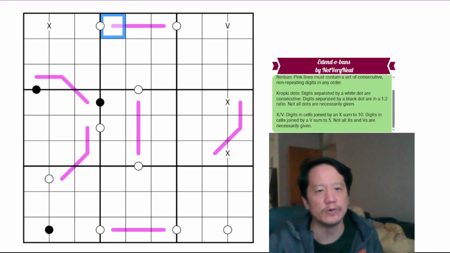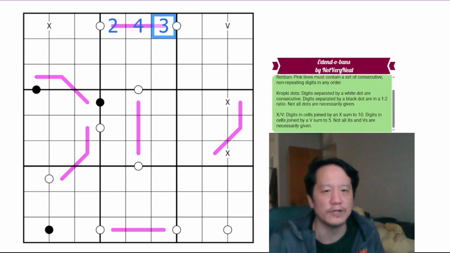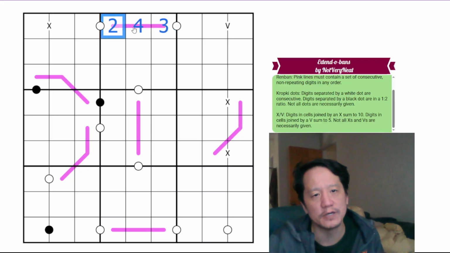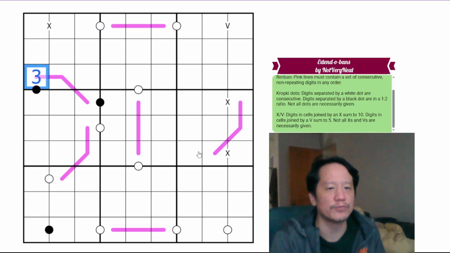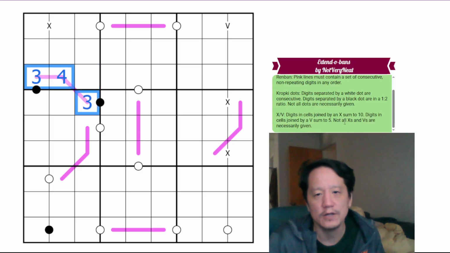So, for example, you could have something like 2, 4, and 3 here, and that would be valid because 2, 3, and 4 is a set of consecutive non-repeating digits, but you could not have something like 2, 5, and 3 here because that's not consecutive. Similarly, you couldn't have 3, 4, and 3 here because we have repeats along that Renban line. So those are examples of how Renban lines work.